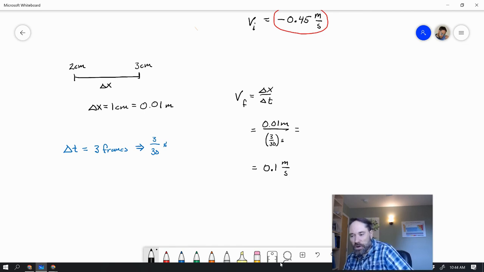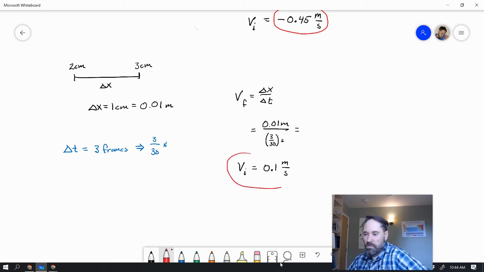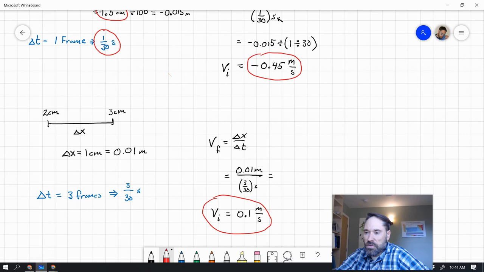That is slower, but it's in the opposite direction, right? So the number up above, actually, let's put in our initial velocity here. I'm erasing things by accident by hitting buttons. There we go. Let's scroll up a little bit.